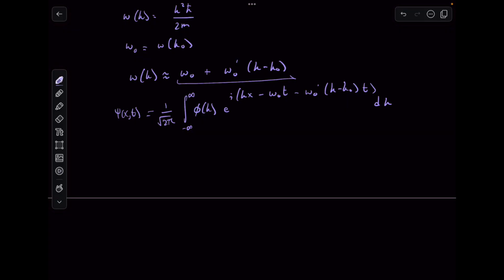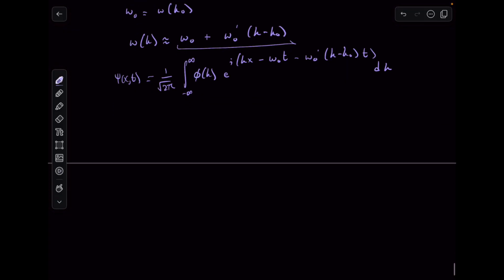And now we can make a change of variables here to make things a little easier. So we'll say s is equivalent to k minus k naught, and note that ds is equal to dk.